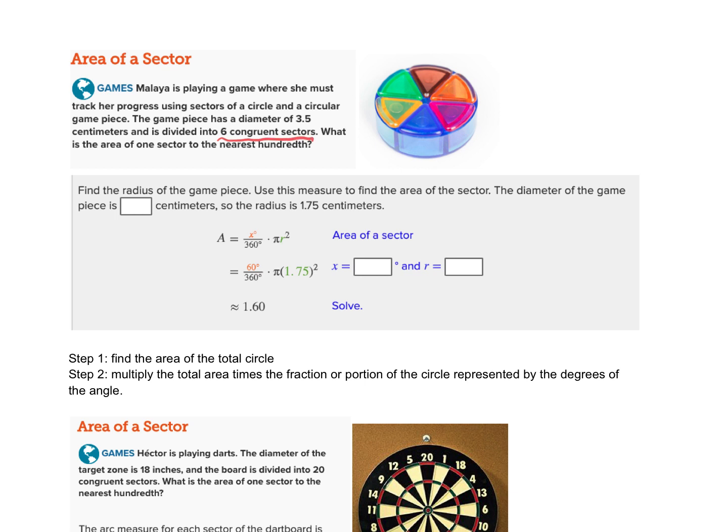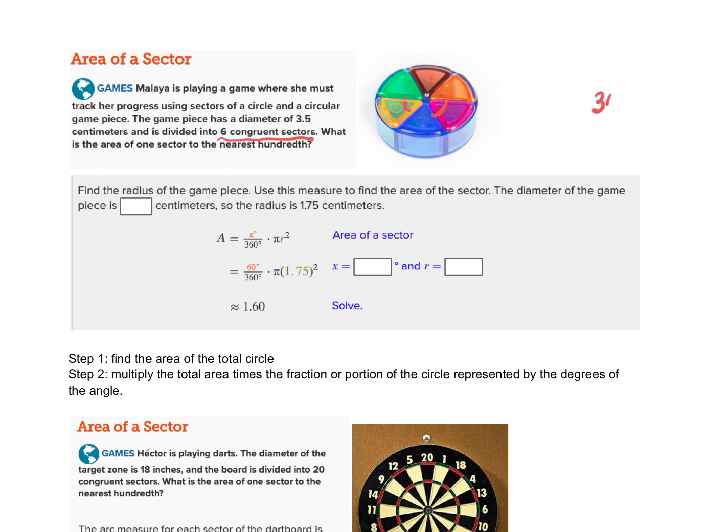Okay, so you don't necessarily have to use this particular formula setup unless it works for you. But to determine what the angle measure is for one singular piece, the key here is the 6 congruent sectors.